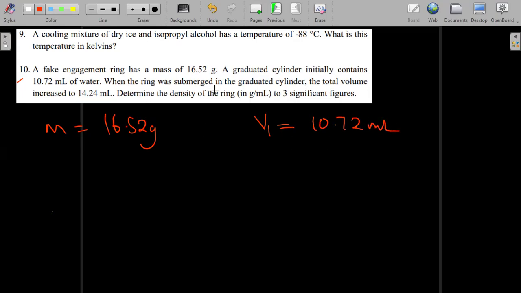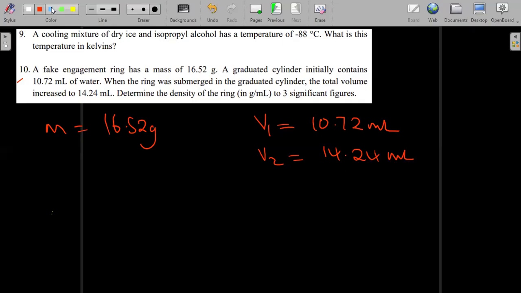When the ring was submerged in the graduated cylinder, when it was put in this water, the total volume increased to 14.24. So it means V2 is just 14.24 milliliters.